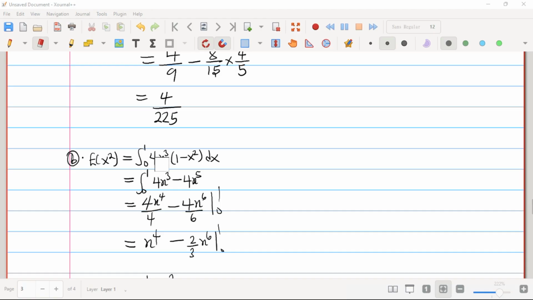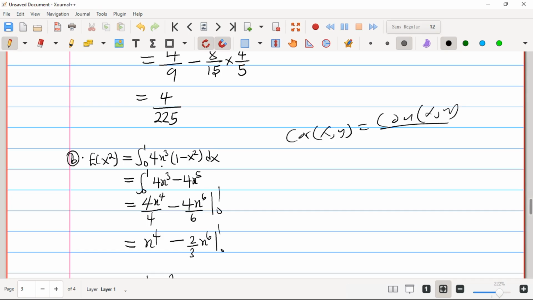The correlation coefficient. We know that the correlation coefficient is just the covariance of x comma y divided by the standard deviation of x times the standard deviation of y. Before we get the standard deviation, you have to calculate the variance, right?